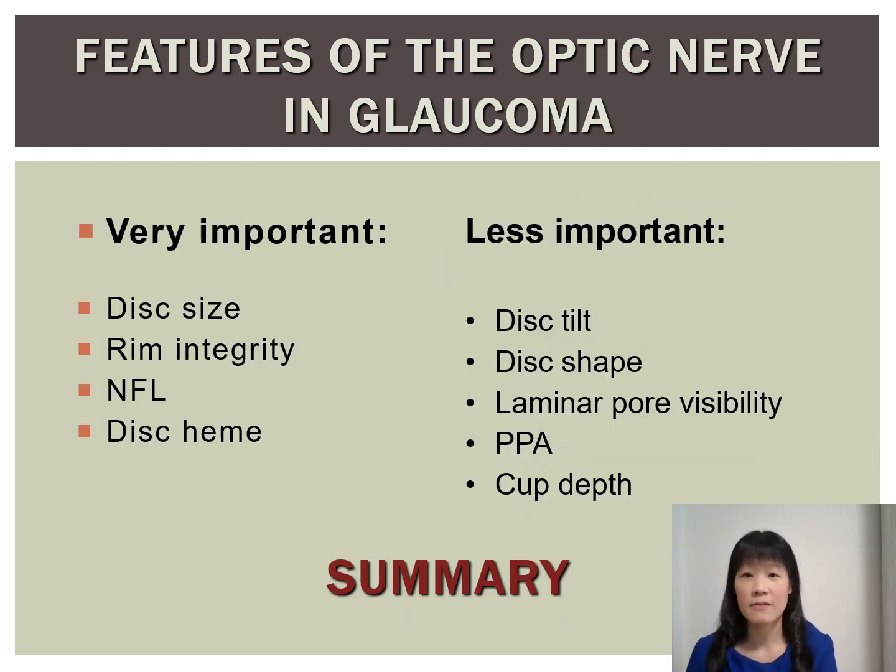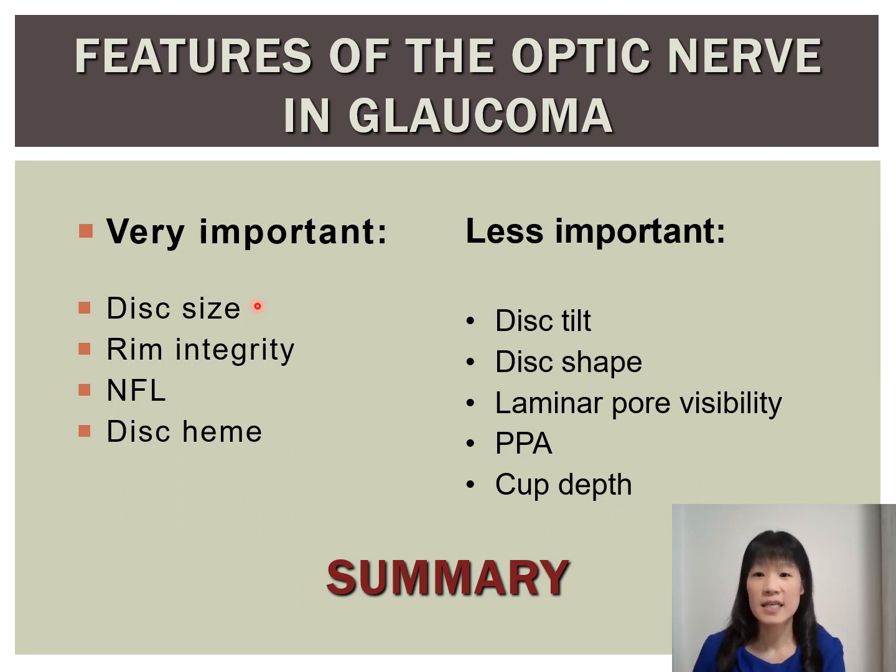So in summary, disc size is important because if you have a larger disc, those 1.2 million axons can spread out, and some people, such as Hispanics and African Americans, normally have a larger disc, and that's why for them, a 0.6 cup disc ratio can be normal.